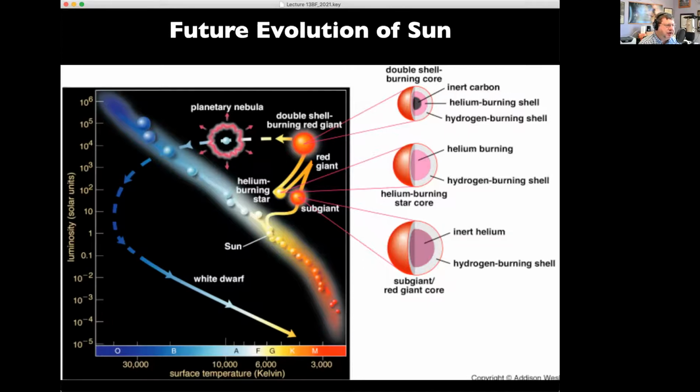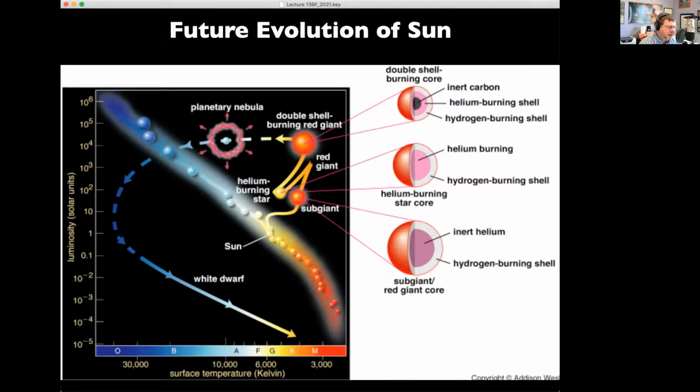When you get to the red giant phase, the inert helium becomes so hot that it reaches 100 million degrees. And when it reaches 100 million degrees, all of a sudden the helium starts to burn. So you've got the hydrogen burning, then the helium burning to carbon. Hydrogen burns to helium, helium burns to carbon, and we have what's known as the helium flash.